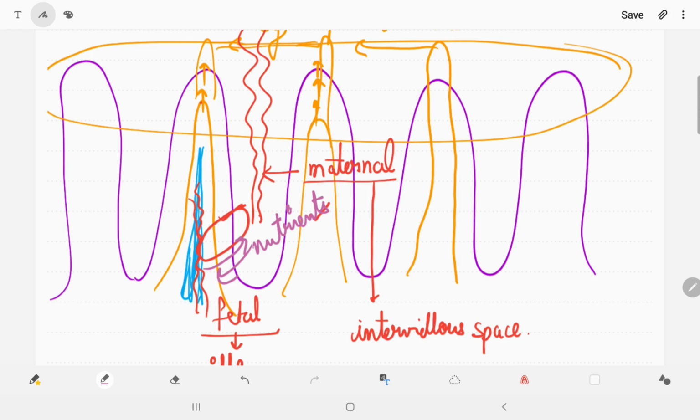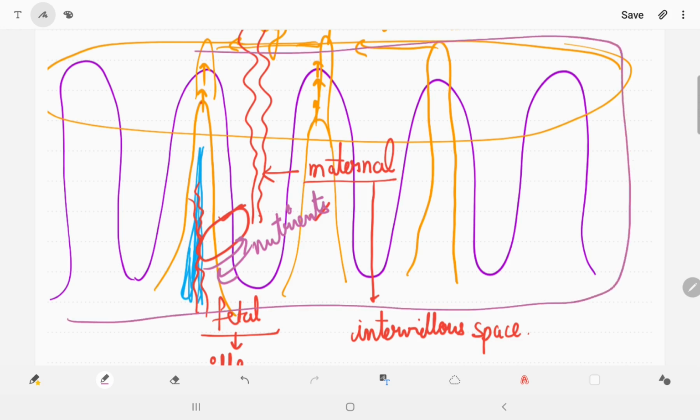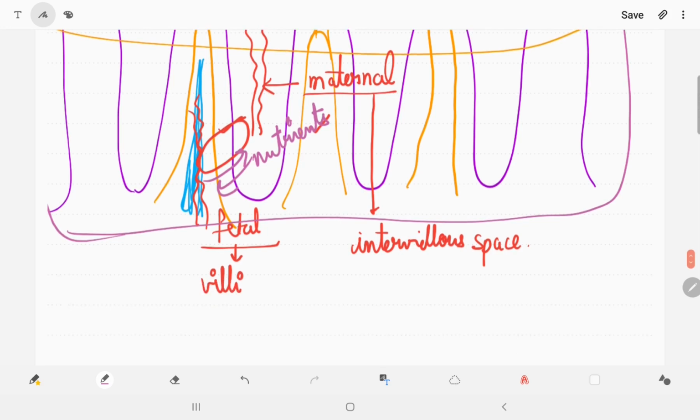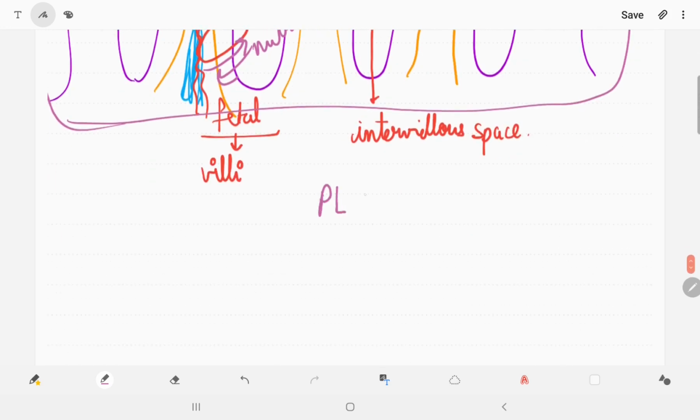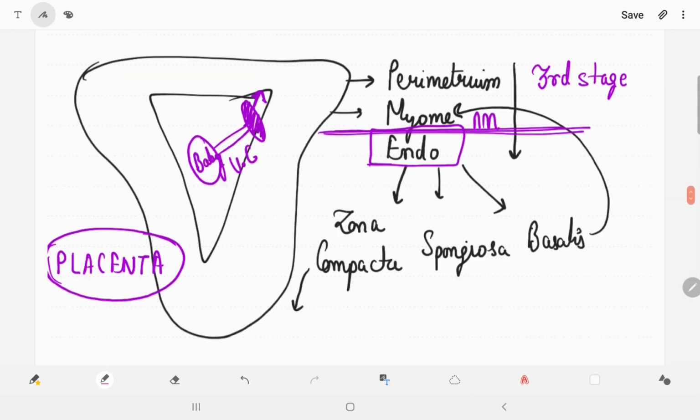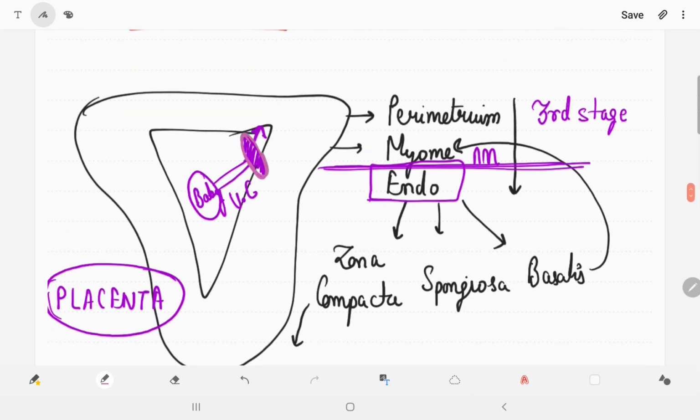What I have formed over here, this entire thing is nothing but the placenta, right? I have formed the placenta. This placenta is this thing which will attach to the uterine cavity of the mother.